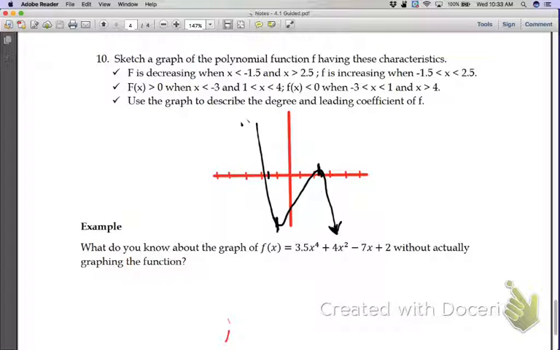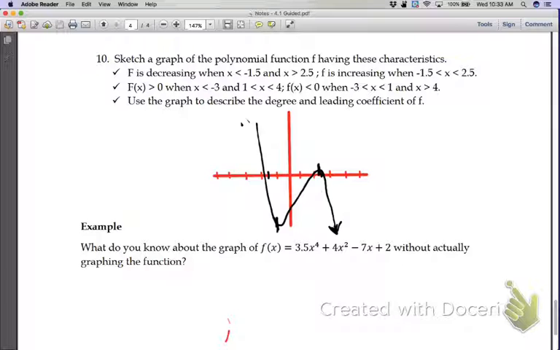How many times do we have a turnaround here? Okay? Y is going up, so it's written a little bit different. So y is greater than 0, so it's somewhere up top. Okay? When x is less than negative 3, you've got to kind of piece it together as far as what you have.